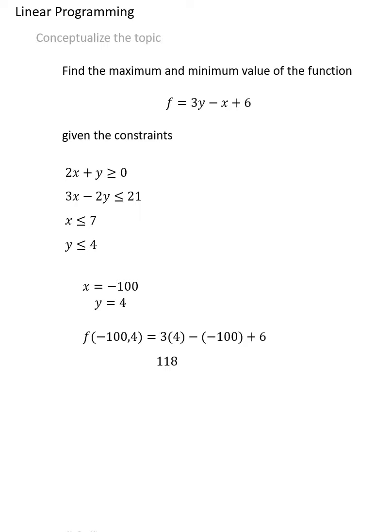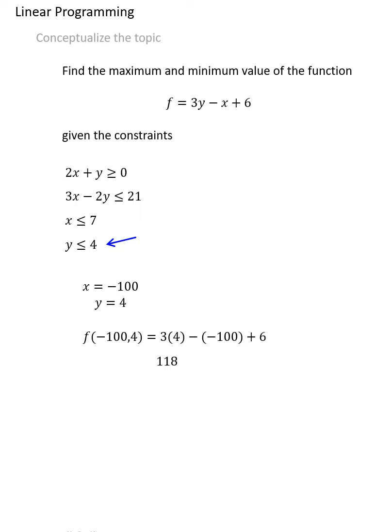For example, if I chose negative 1,000 for x instead of negative 100, I'm quite sure that the result would be bigger than 118. But 118 is not even a candidate for the maximum here, because the x and y that I chose don't match the constraints of the problem.